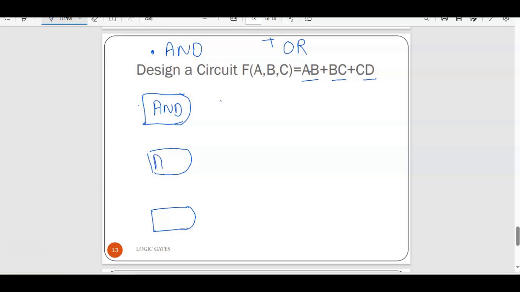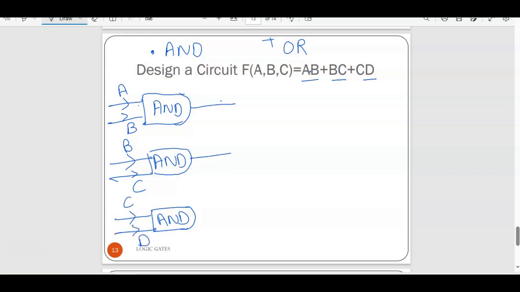So now let me write it down in the space, in between space. And for this, the input is AB, normal AB. Okay, bar is not there. Then for this it is BC. So BC, and for third one it is CD. So this is C and this is D. So when you will check the output after these all AND gate, this will be AB, this is BC, this is CD, and join them together.